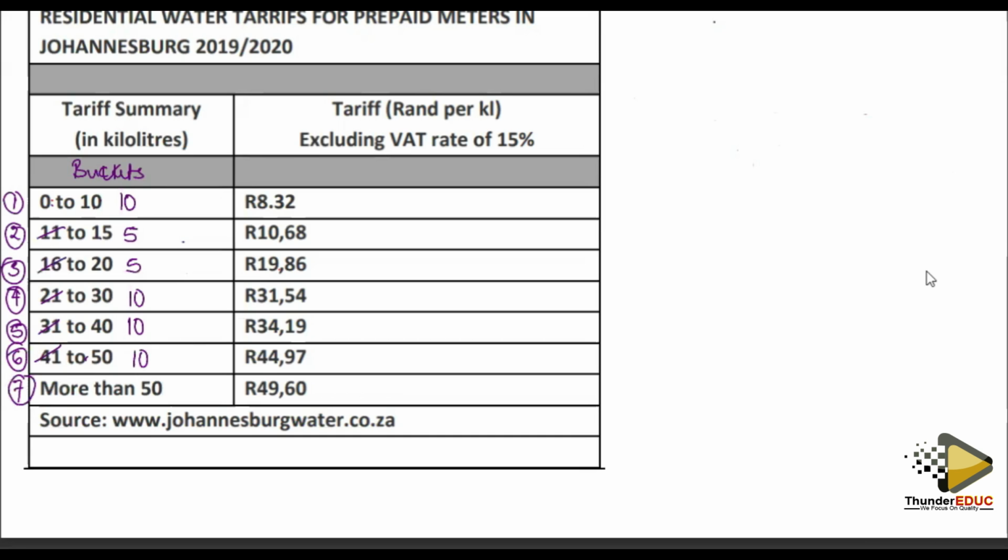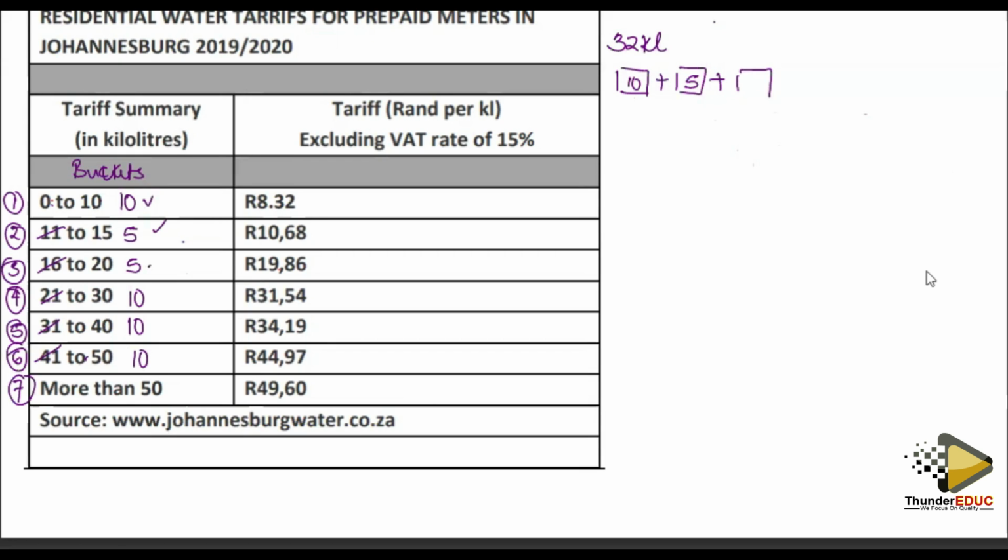All right. So now if someone has used 32, definitely it will have to stop at around bucket number 5. That means bucket number 1 took the 10 plus bucket number 2. Bucket number 2 has taken the 5 plus bucket number 3.